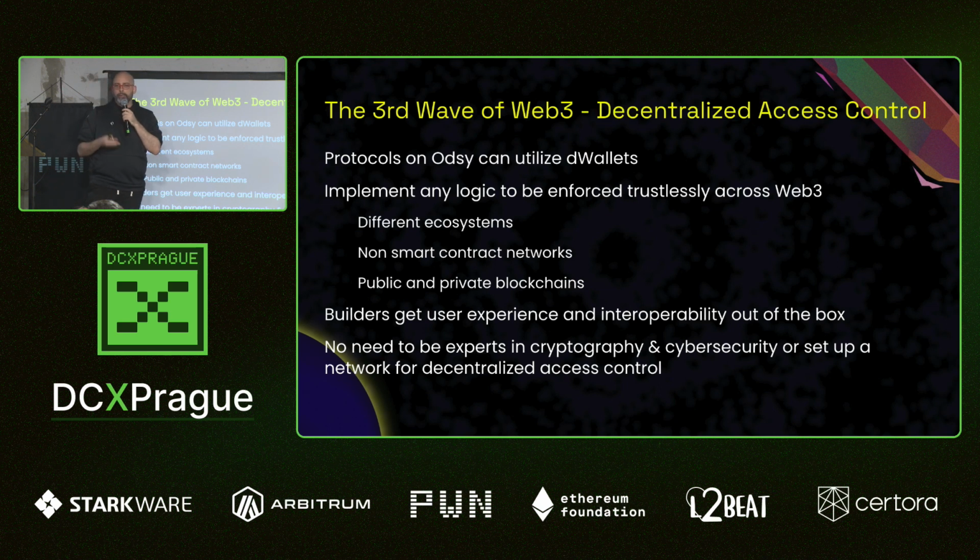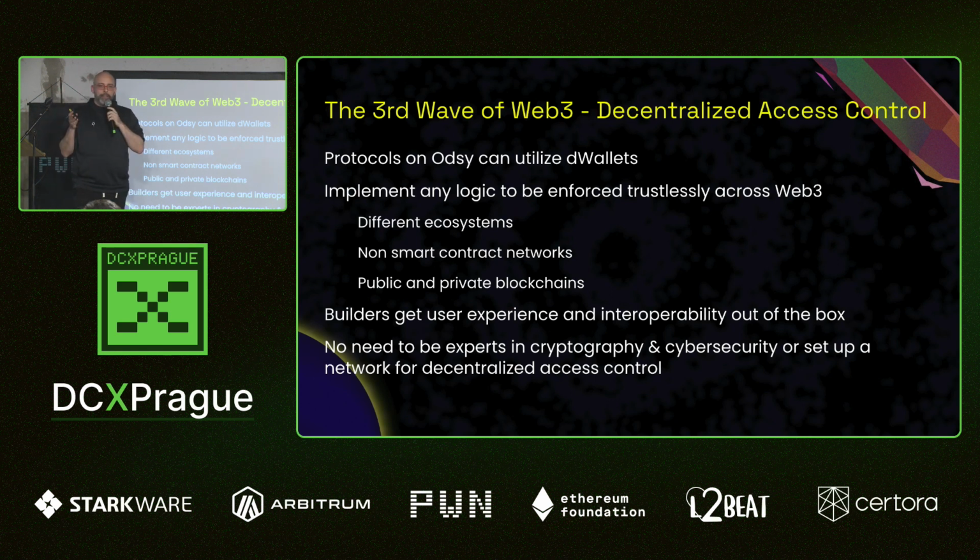So you can build any type of logic, any type of protocol that will be able to utilize D-wallet and their capabilities. And if you can implement any logic that will be enforced in a trustless way across all of Web3, then you can now think about different ecosystems. You can think about non-smart contract networks like Bitcoin, and you can think about public and private blockchains, right?